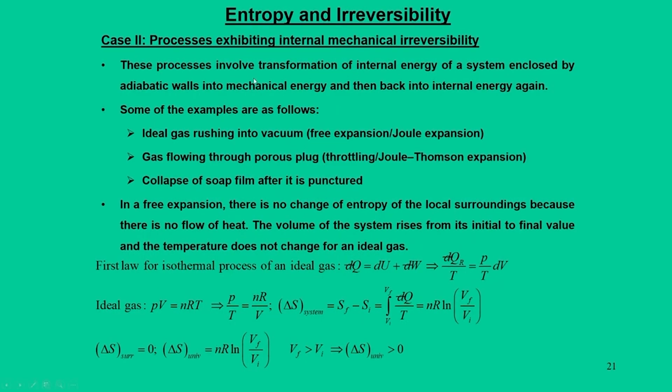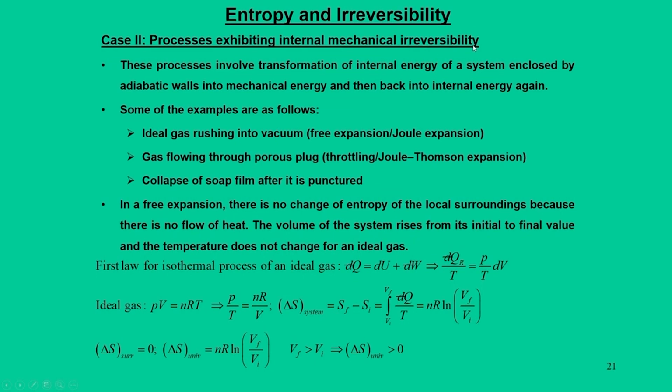Another case involves the transformation of internal energy of a system in an adiabatic wall into mechanical energy and then back to internal energy again. This is another example of adiabatic processes that exhibit internal mechanical irreversibility.